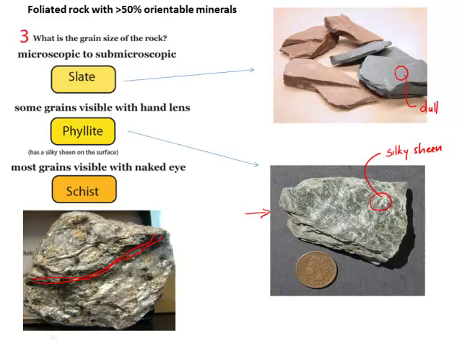But it's obvious that the grain size is coarse enough that we can identify individual grains in this rock, so we call such a metamorphic rock schist. So a schist is a foliated metamorphic rock in which the grains are coarse enough to be identifiable with your naked eye.